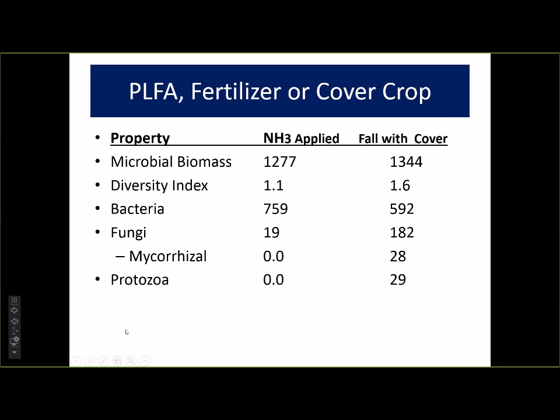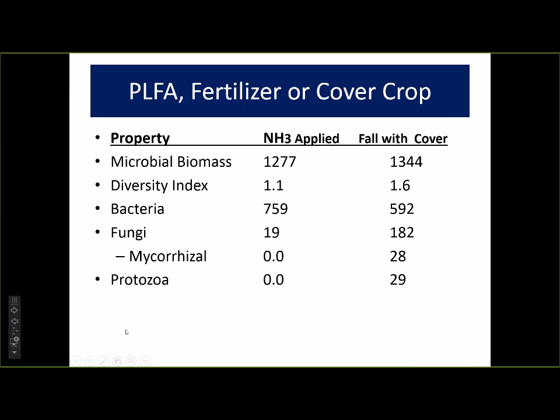Bacteria like nitrogen because they break down ammonia to nitrate, and then we won't have to put an inhibitor to keep the bacteria from growing. But the bacteria then is at the expense of fungi. Very little fungi where we put this on, and compared, here we have less bacteria and a lot more fungi, and no mycorrhiza here, and over here we had 28 nanograms per gram.